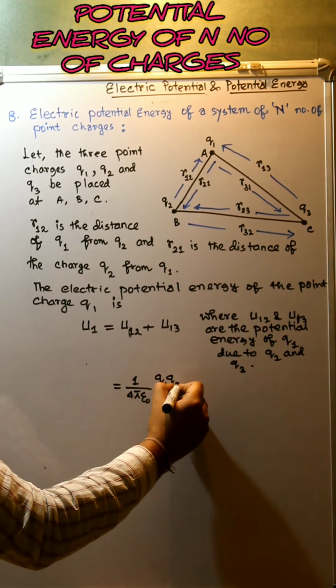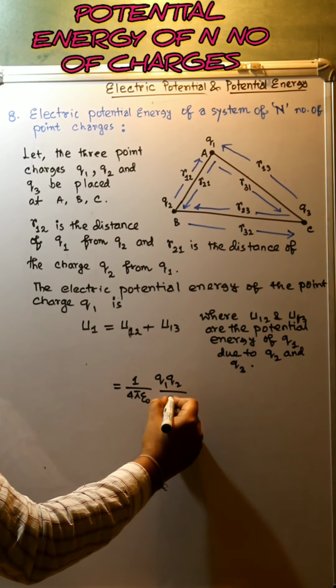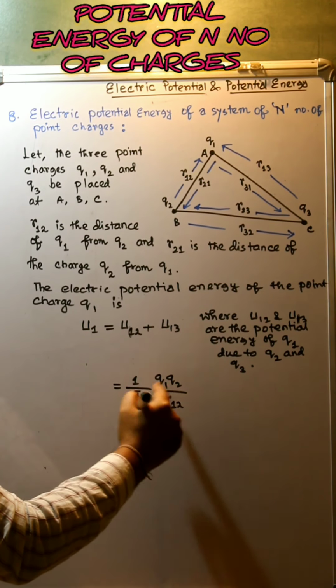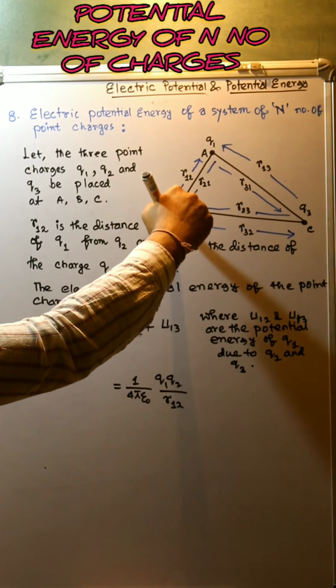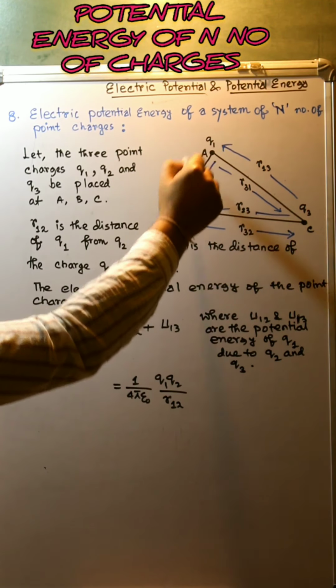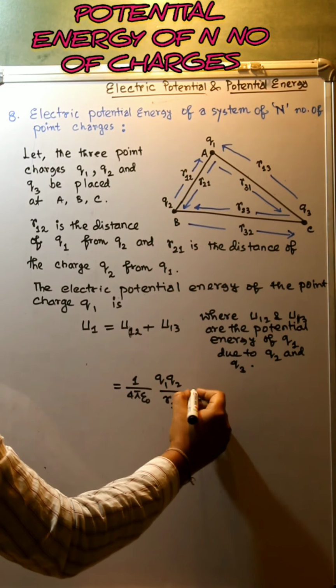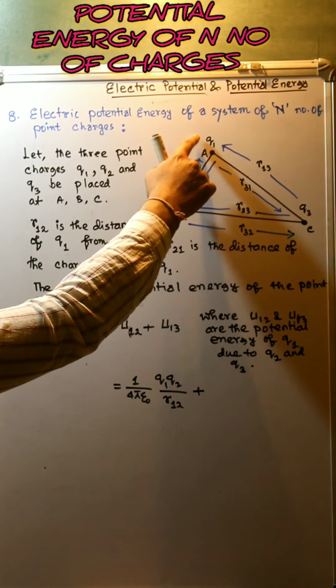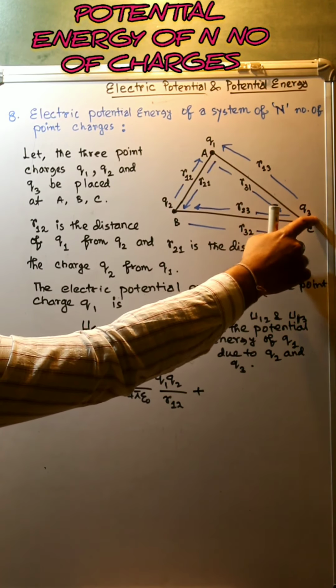Q1 Q2 divided by R12. R12 is the distance of Q1 from Q2. So this is the potential energy of Q1 due to this point charge Q2. Similarly, Q1 will have potential energy due to the other charge Q3.